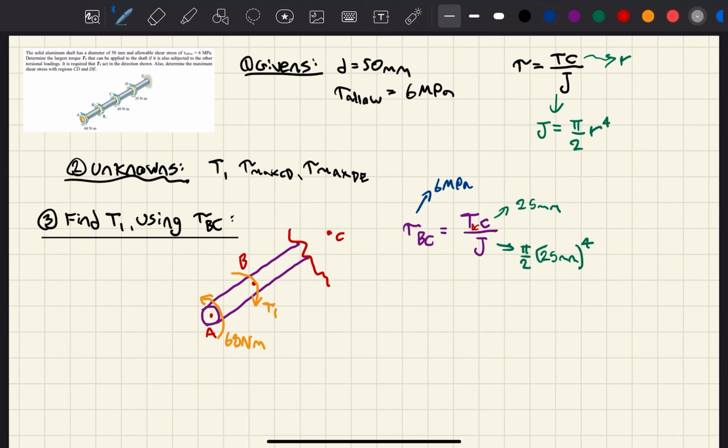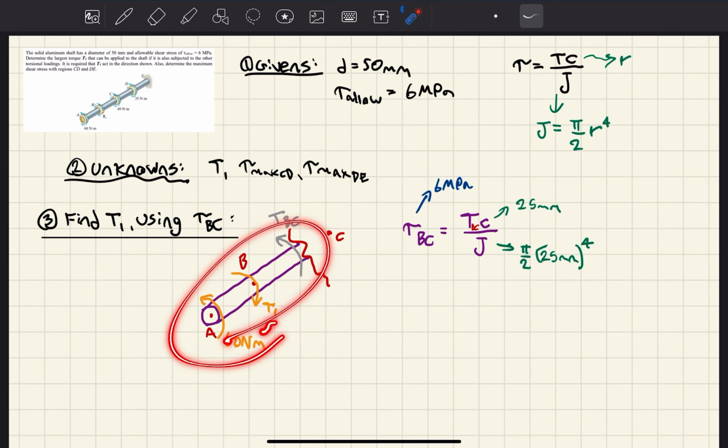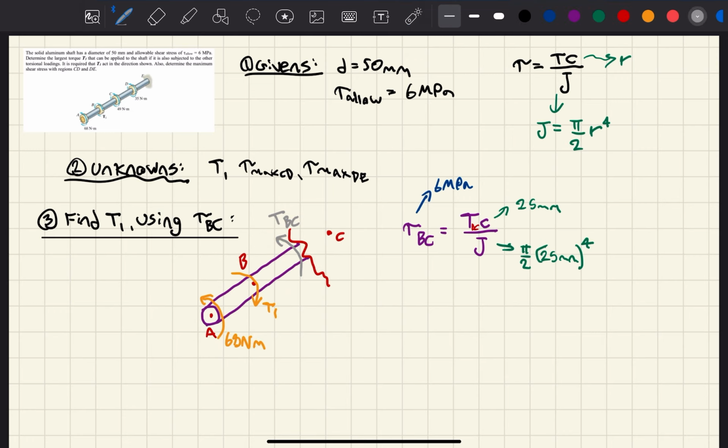Torque BC, let's say, for example, acts positive, in the clockwise direction. To balance this out, the summation of these three torques will keep the beam static. Nothing's moving. So easily enough, we just take the sum of torques of this section, same thing like sum of forces.